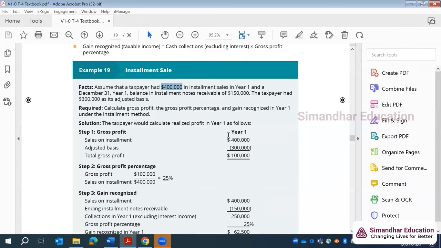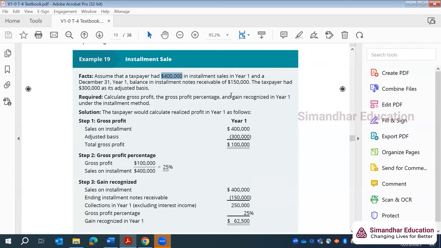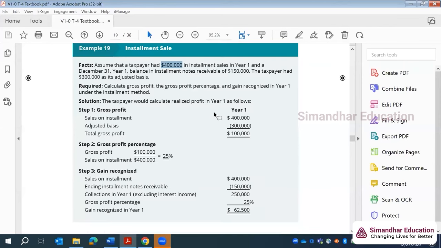Now, in year one, your remaining balance is $150,000. Okay, so that means you have already received $250,000 of amount on your installment sale. So the question is, calculate the gross profit percentage and gain recognized in year one under the installment method.